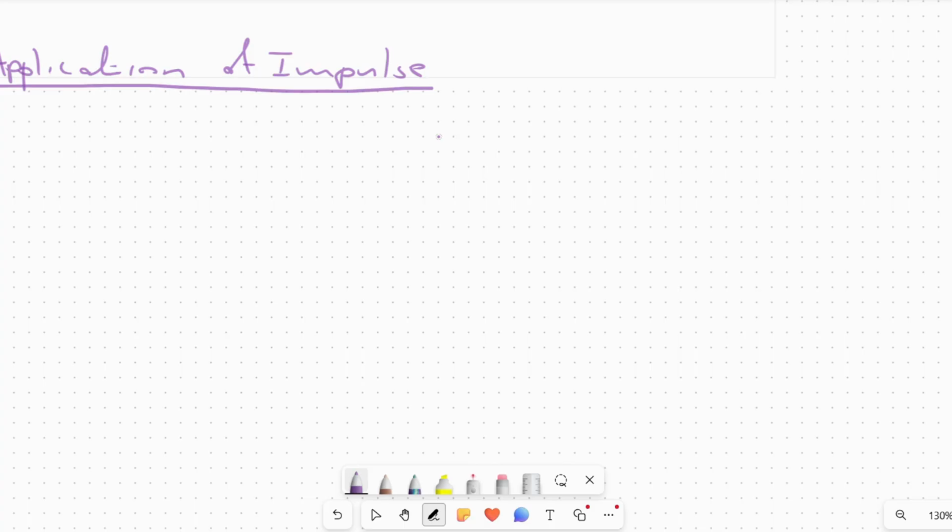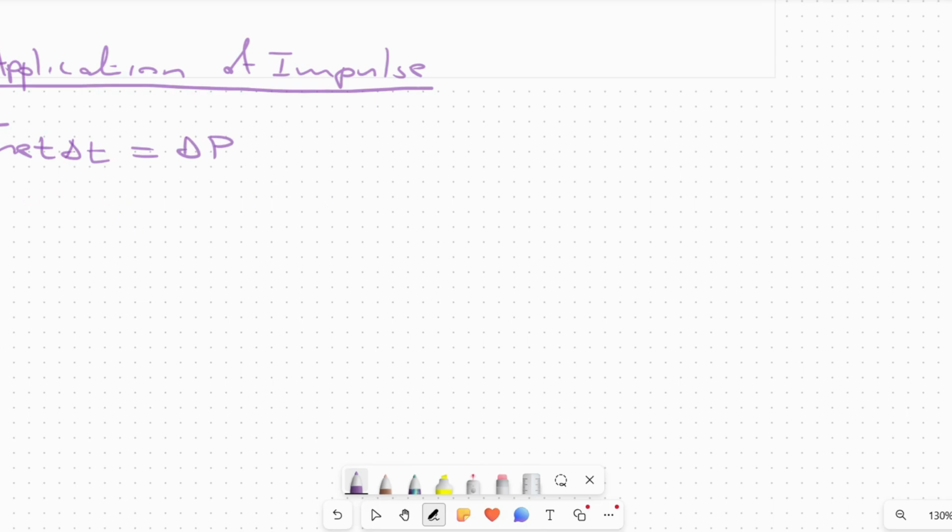So how can we use this in our real life situation? So remember we said that the net force times the time taken during contact is equal to a change of momentum of an object.